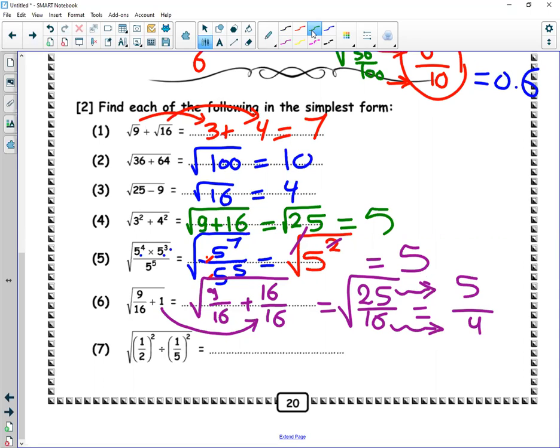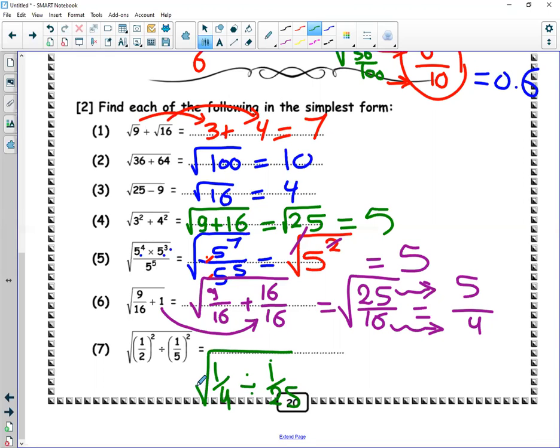Number 7, half power 2 divided by 1 over 5 power 2. Half power 2 equals 1 over 4, divided by 1 over 5 power 2, which equals 1 over 25.